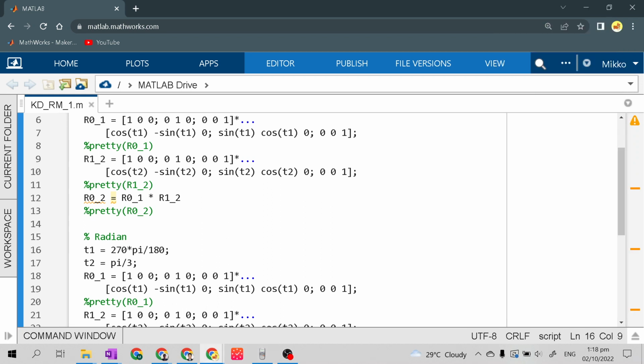So just change this to 3, and this to 2. So this is 270 degrees.